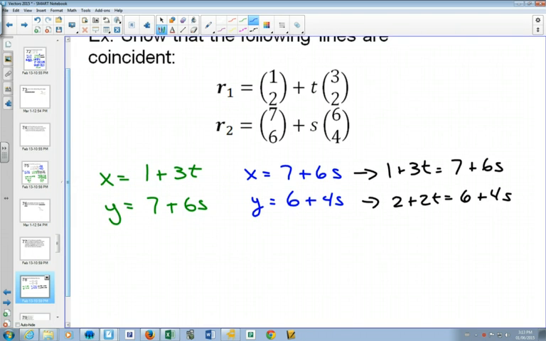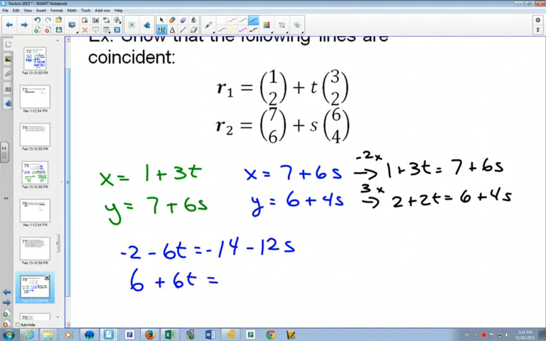So if you would multiply the first set of equations by negative 2, and our second set of equations by 3, then you're going to get negative 2 minus 6t equals negative 14 minus 12s, and 6 plus 6t equals 18 plus 12s.